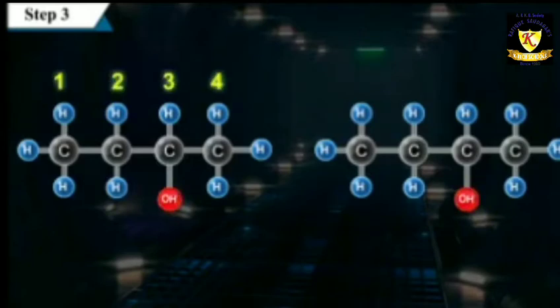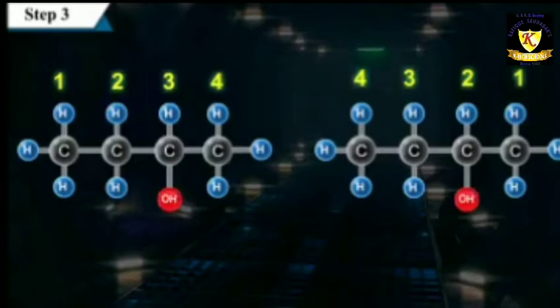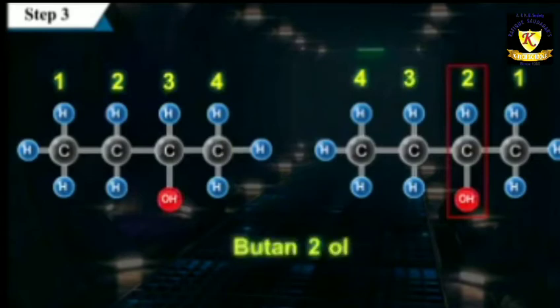Assign the number 1 to the carbon in the functional group CHO or COOH if present. Otherwise, the chain can be numbered in two directions. Accept the numbering which gives the smaller number to the carbon carrying the functional group. In the final name, a digit or number and a character, that is a letter, should be separated by a small horizontal line. Usually, numbering is not required if the carbon chain contains only 2 carbon atoms.